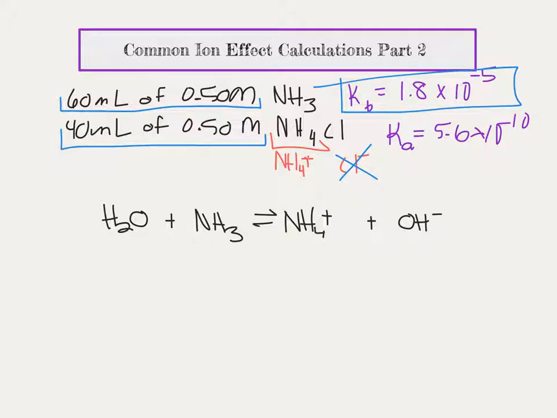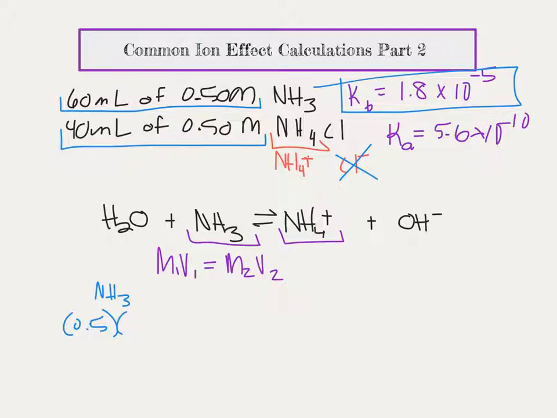First, I need to use an old friend of ours, M1V1 equals M2V2, to figure out the starting molarities of our ammonia and our ammonium ion. Okay, so let's take our ammonia first, and we'll do 0.5 molarity times our starting 60 milliliters equals our new starting concentration times 100 milliliters total.